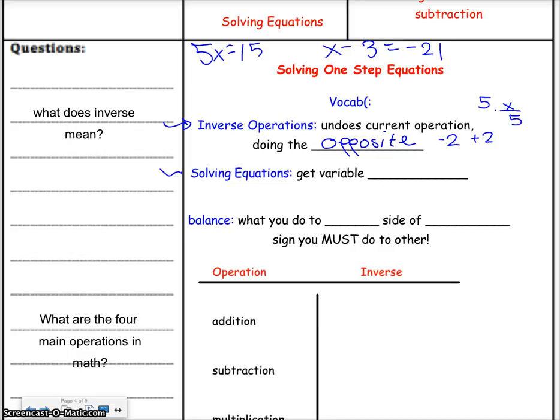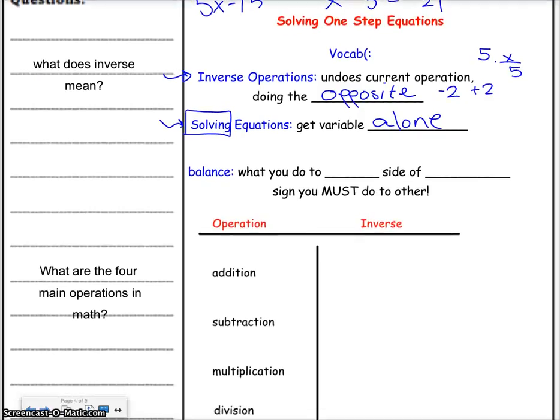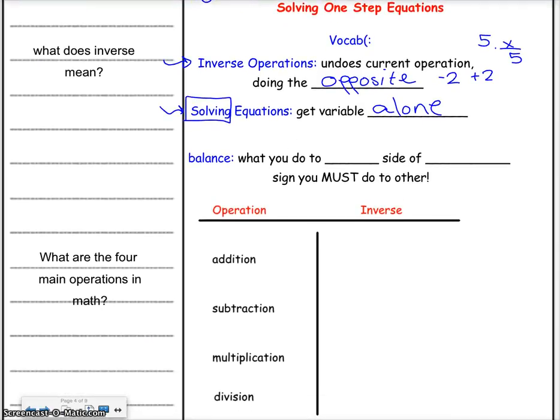which brings me to the next vocab word of now we are solving. Simplifying is expressions, solving is equations. Solving means you get the variable alone. The variable gets all by itself. And you must maintain balance because an equal sign means they are the same weight, right?